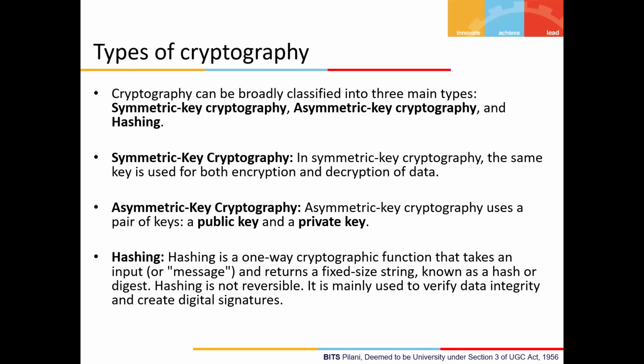Here, instead of using a single key, we use two keys. One key is used to encrypt the data and another one is used to decrypt the data. So here we use a pair of keys. Each pair has two keys: one we call the public key and the other we call the private key.